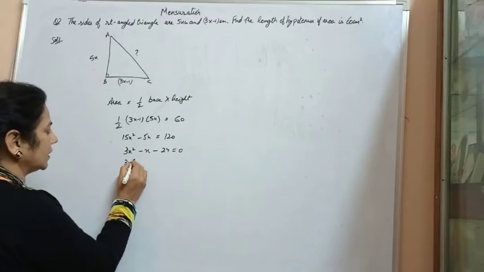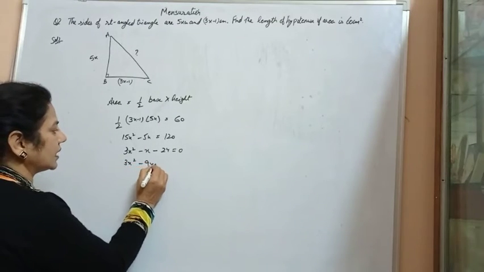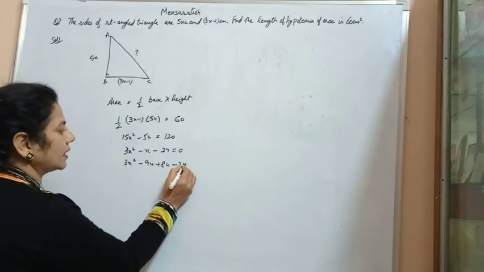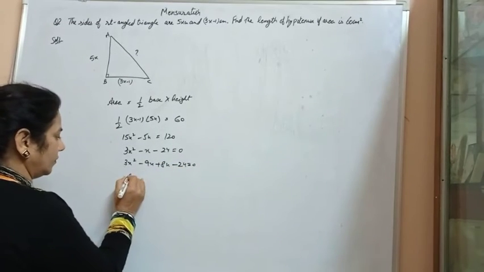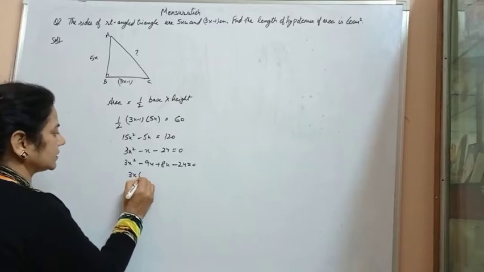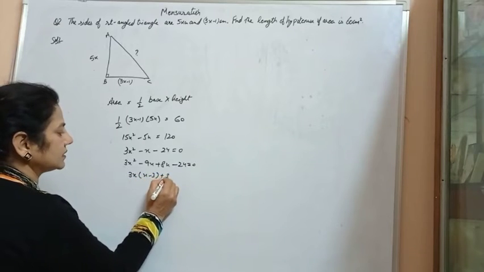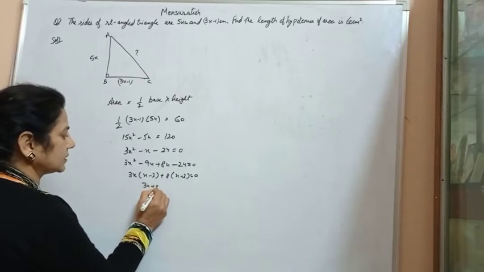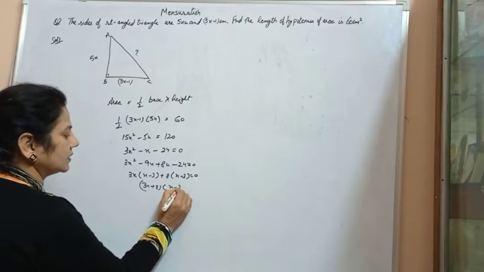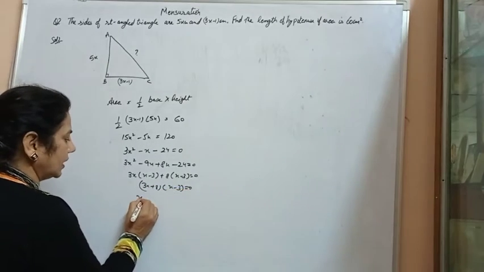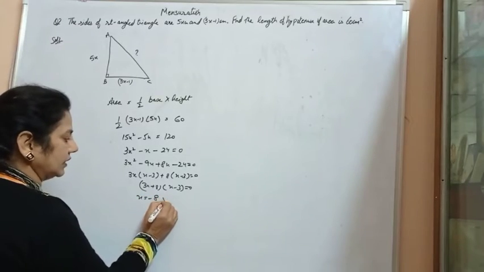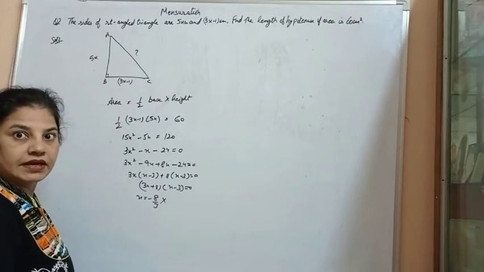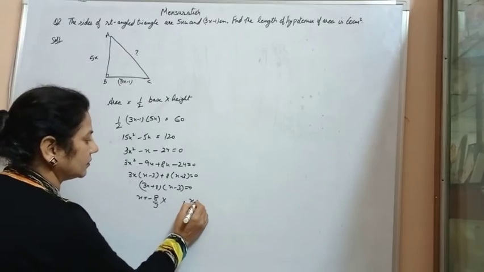This gives us 3x square minus 9x plus 8x minus 24 is equal to 0. On factorizing, 3x into x minus 3 plus 8 into x minus 3 is equal to 0. So 3x plus 8 and x minus 3 equal to 0. x is equal to minus 8 by 3, which we neglect as the length cannot be negative. So x is equal to 3.